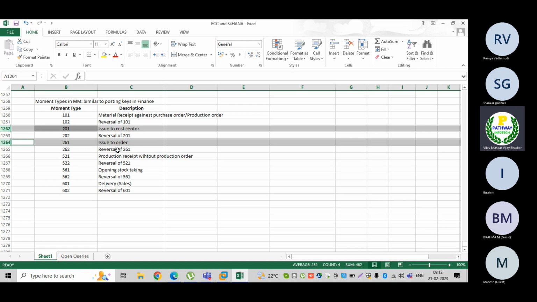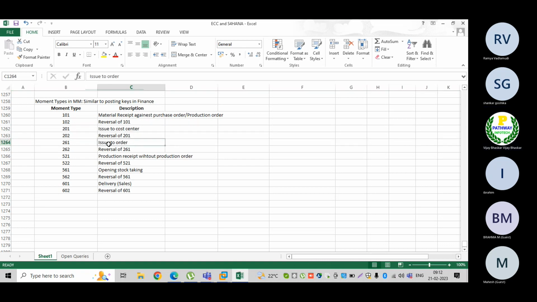In 261, I am issuing raw material to a particular production order. That is the only difference. With 201 you can identify the material with the help of the cost center. With 261 you can identify it with the help of the production order, remember.